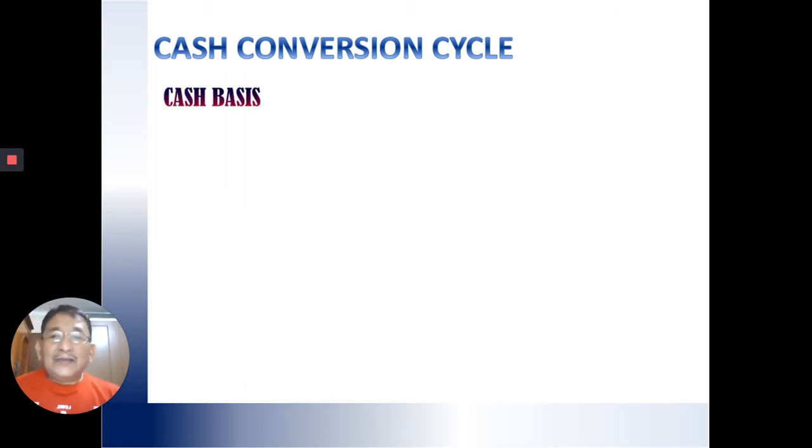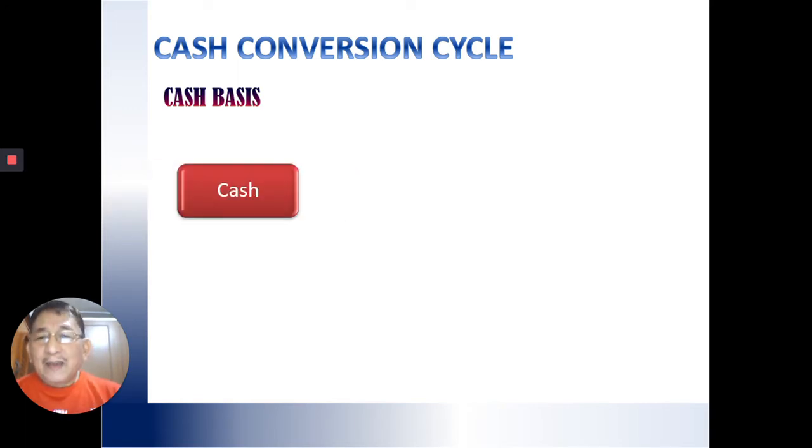Now, there are two bases of selling merchandise, and one is what we call the cash basis. If it is a cash basis, there's no problem regarding the conversion cycle, because it is not so complicated.